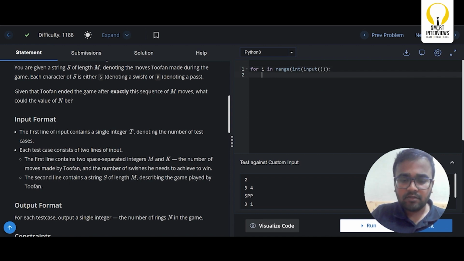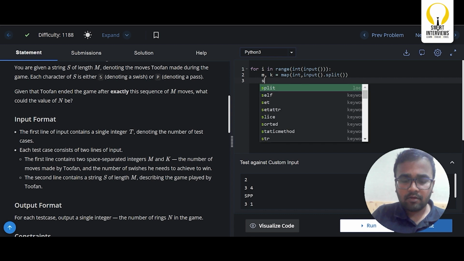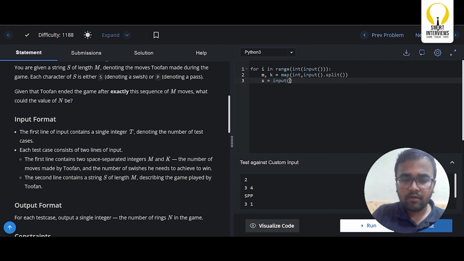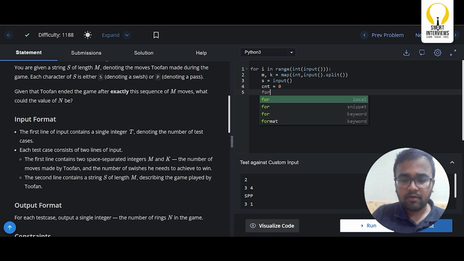We'll read the number of test cases, and for each test case, you have two space separated integers m and k. Then you have the string. Now we will find the number of swishes in the string. So for that, let us iterate on the string.